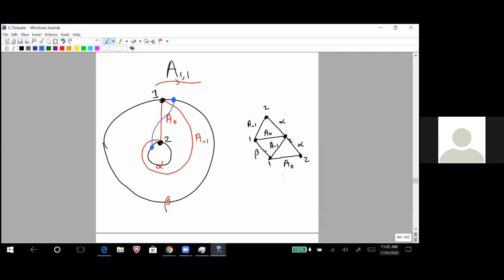We cross through A minus 1, and then we cross through A0. Now remember, this bottom triangle is the same as this top triangle, so I'm just going to keep drawing it. I'm going to draw the image up there. So we cross through A minus 1, we cross through A0, then we cross through A minus 1 again, and then we end at alpha. So that is what our lamination looks like on this surface.